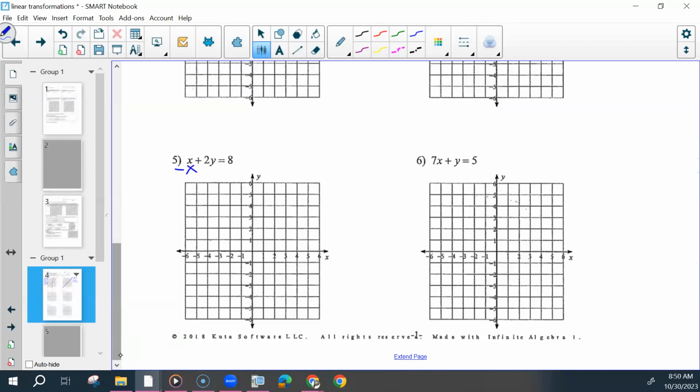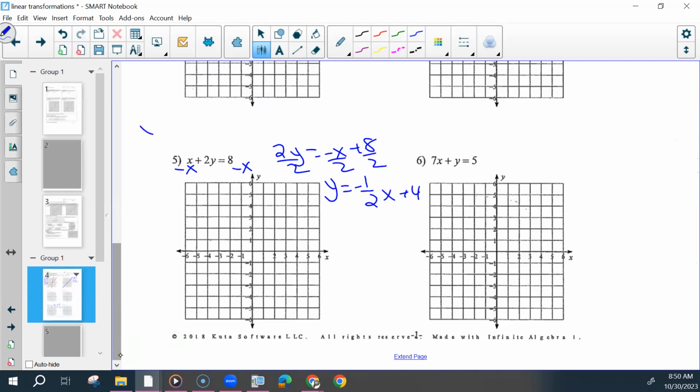Subtract x on both sides. We have 2y equals negative x plus 8. And then to get y by itself. So our new equation, y equals negative 1/2 x plus 4.